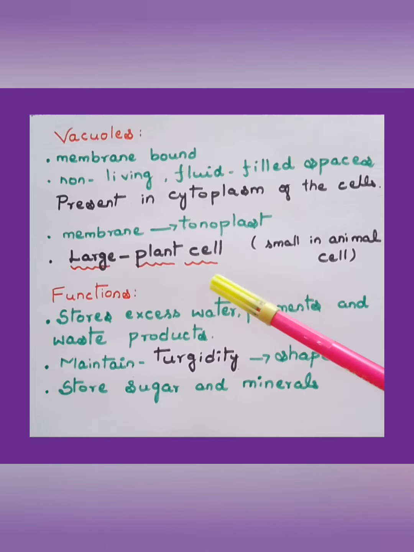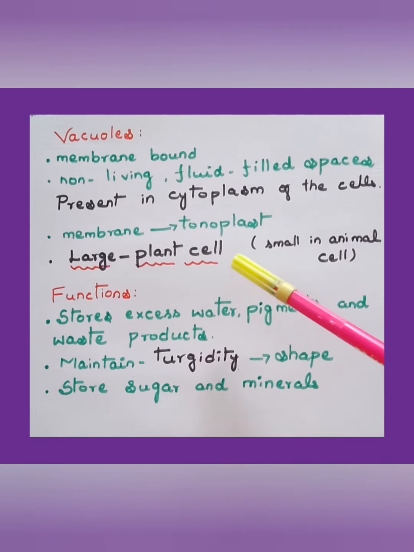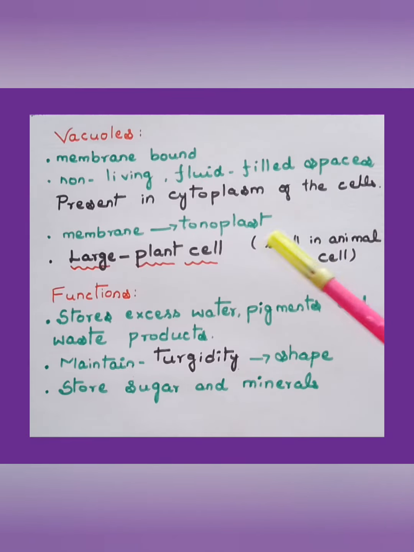A large vacuole is generally found in plant cells. In animal cells they are absent, but if at all they are present, they are very, very tiny. The small ones are temporarily present vacuoles. The main functions of vacuoles are they store excess water, pigments and waste products in them. Vacuoles maintain turgidity, which means keeping the cells in nice shape.